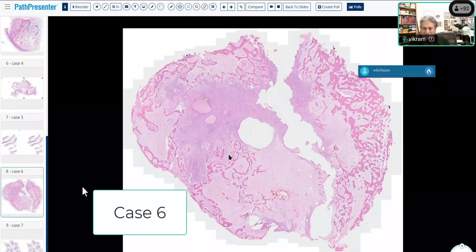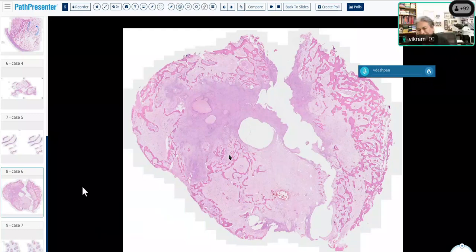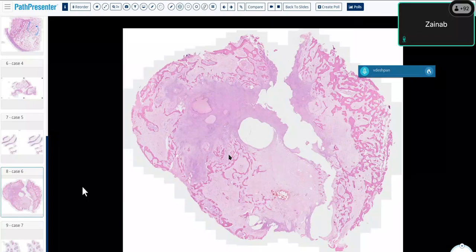I think the morphology was quite consistent with that. As you saw, we ruled out a giant cell tumor of bone, we ruled out an osteosarcoma, and what we were left with is a solid ABC. At the end of the day, it doesn't make a huge difference as long as it's benign. They curetted it, and the patient's been fine.